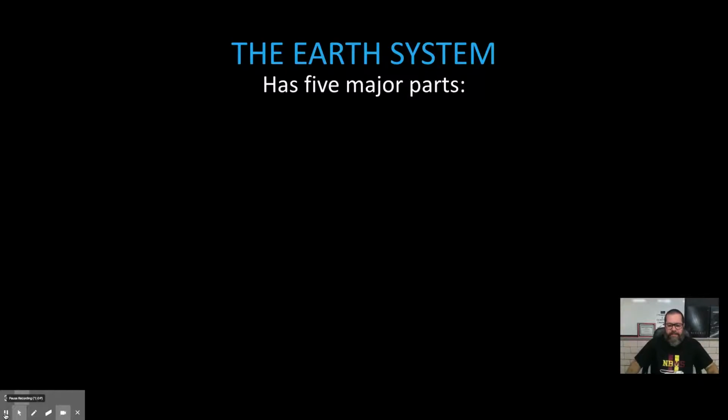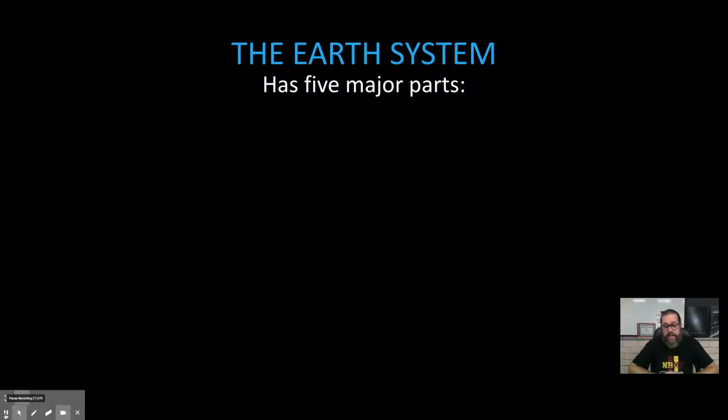Hello everyone. Today in this video we are going to take a look at the 5 major parts of the Earth system. In the last video we introduced you to Earth science and we did mention these briefly, and I mentioned also the fact that if you affect any one of the Earth's 5 systems, then you're going to put the others in jeopardy also.